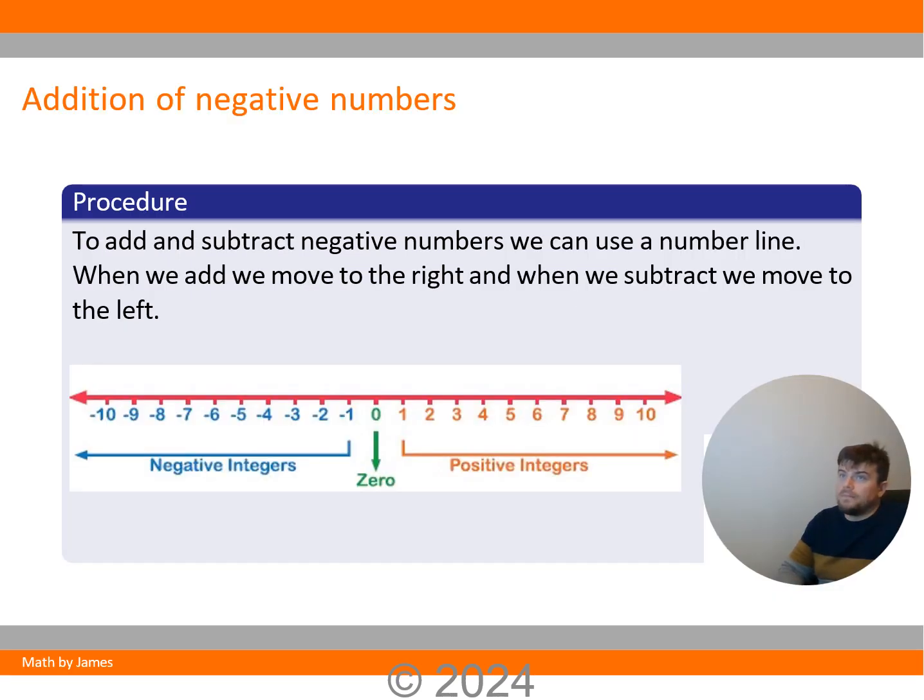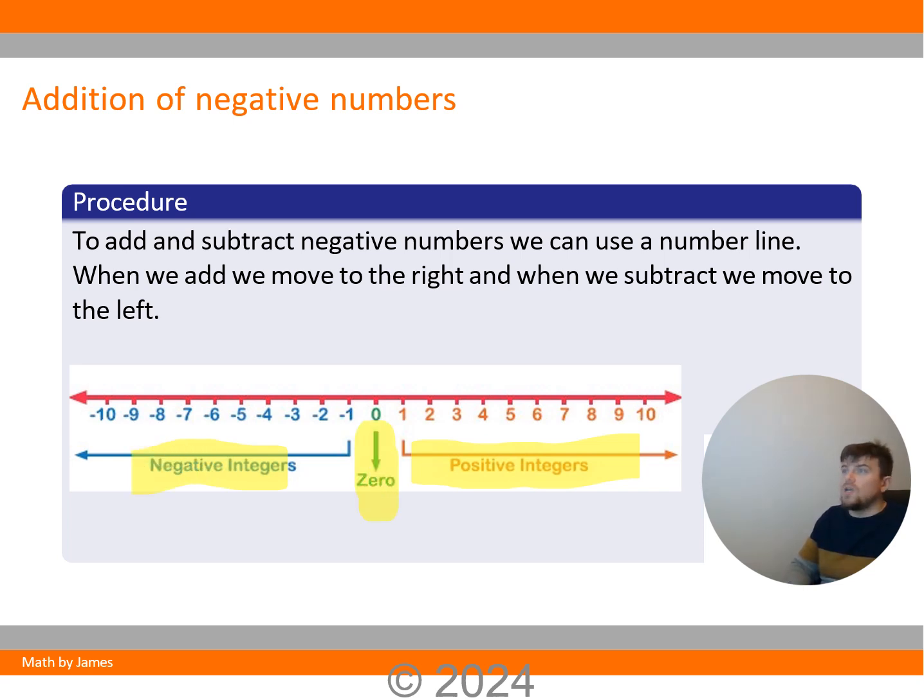So, the procedure to add and subtract negative numbers, we can use a number line. When we add, we move to the right. When we subtract, we move to the left. You can see here, this is displaying the positive integers, and here we've got the negative, and we've got 0 in the middle, of course.